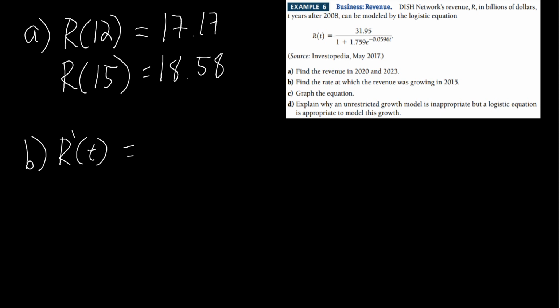So we're going to have to do the quotient rule here. So low d high, so low is 1 plus, am I going to run out of room here? This is my low. Oh no, this is awful.